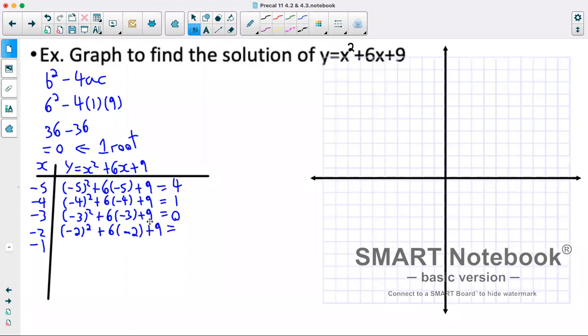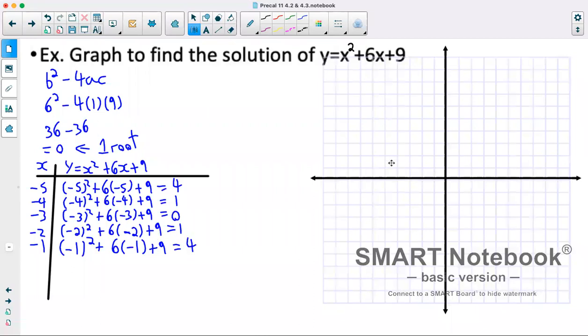So -2 squared would be 4. Minus 12 would be -8 plus 9 is 1. Next, we have -1 squared plus 6 times -1 plus 9. So -1 squared is 1. This would be -6. So 1 minus 6 is -5 plus 9 is 4.